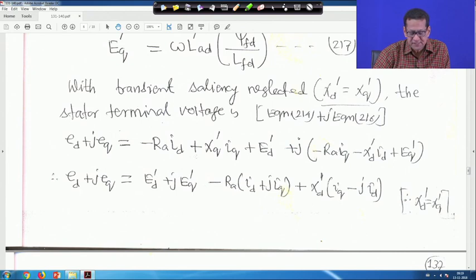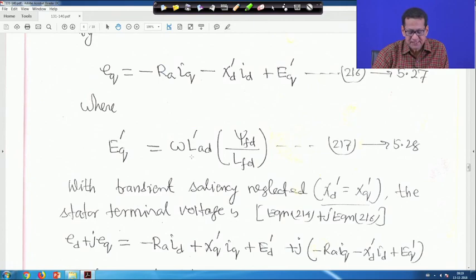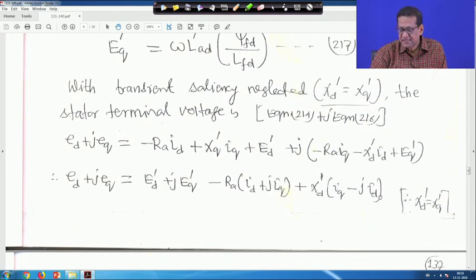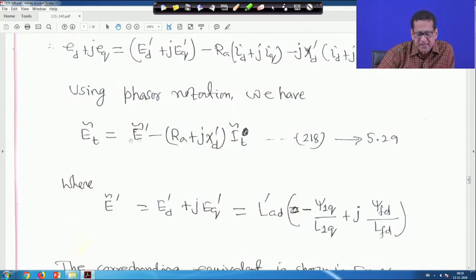So, this equation represents E d plus j E q equal to E d dash plus j E q dash minus R A I d plus j I q plus x d dash I q minus j I d, where E d dash and E q dash are defined like this, and x d dash is equal to x q dash, as we have assumed. With this, using phasor notation, E t tilde is E dash tilde minus R A plus j x dash into I t tilde. This is for my reference, no need to see this.